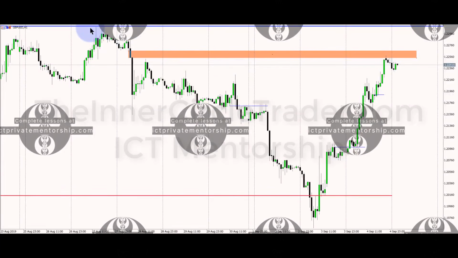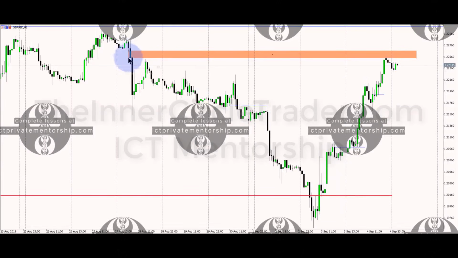Again, that's interbank order flow. So interbank order flow is the large pockets of large fund liquidity. Large fund liquidity is not going to be inside of these little, smooth price runs. It's going to be on the outside of your charts, below old lows, above old highs, and inside of large imbalances.